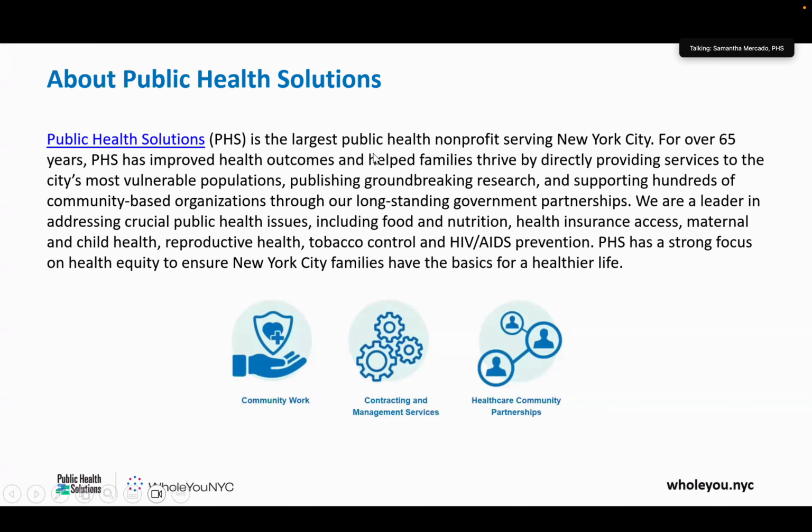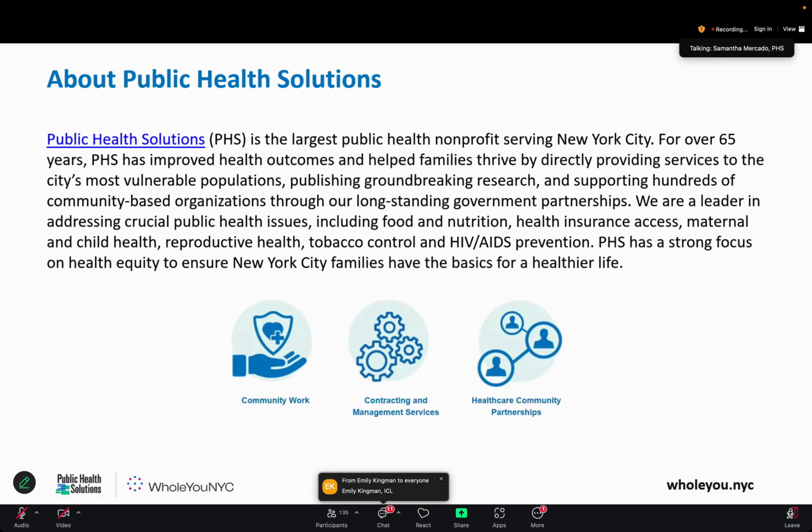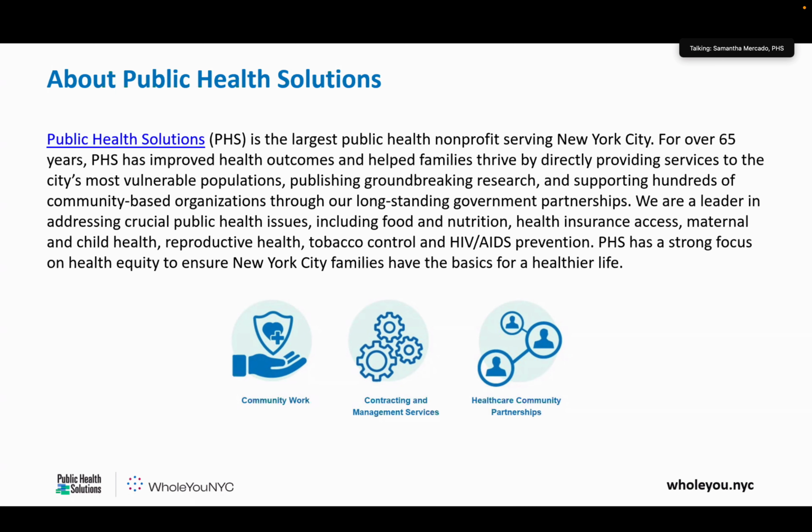We publish research. We support hundreds of community-based organizations through longstanding government partnerships as well. We're a leader in addressing crucial public health issues, including food and nutrition, health insurance access, maternal and child health, reproductive health, tobacco control, and HIV and AIDS prevention. And we have a strong focus on health equity to ensure that New York City families have the basics for a healthier life.